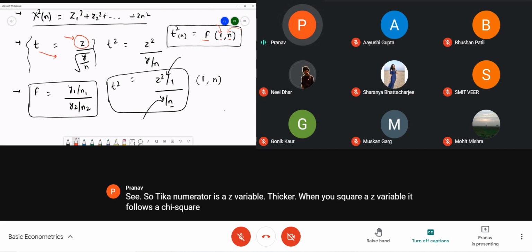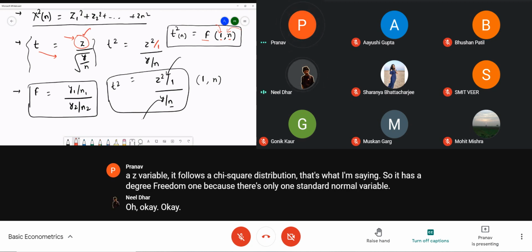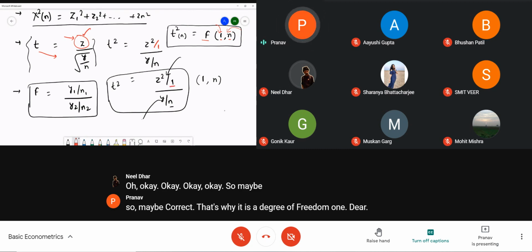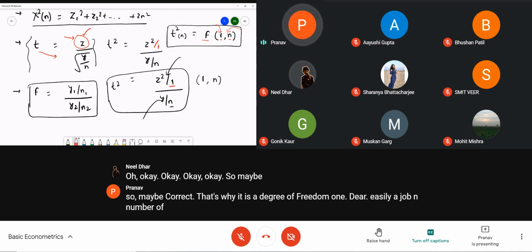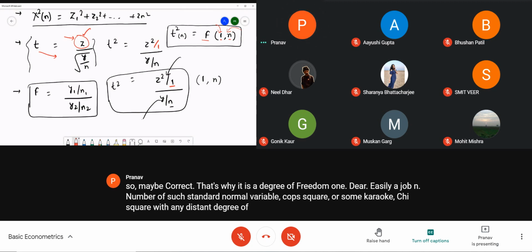That's why I'm saying it has a degree of freedom 1, because there's only one standard normal variable. Oh, okay, yes, sir. So it's only one value. Yes, correct. That's why it has a degree of freedom 1, dear. That's why when you square and sum n such standard normal variables, you get a chi-square with n degrees of freedom.